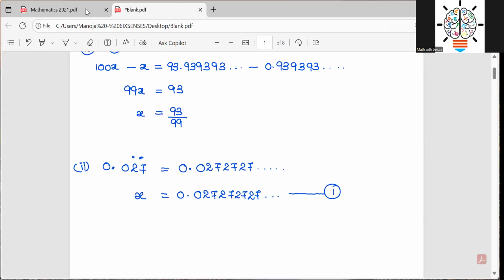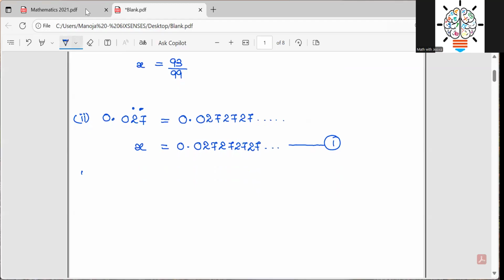So in that case, we multiply equation 1 by 10. It gives me 10x and 0.272727 recurring. So this is equation 2.